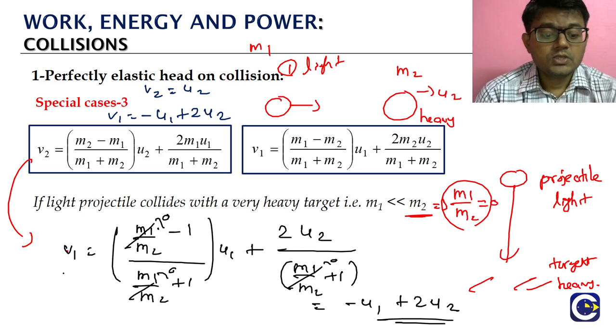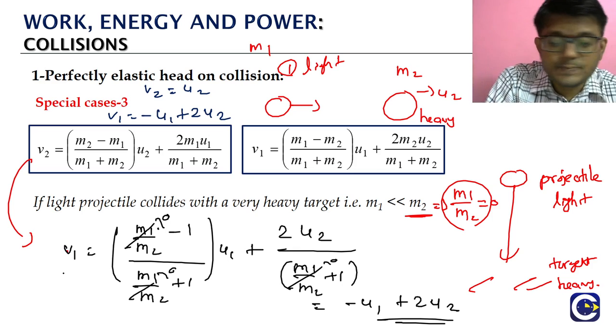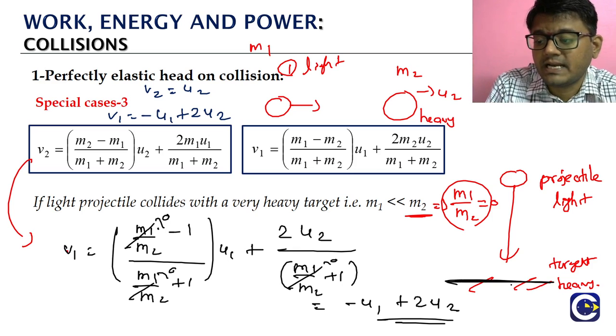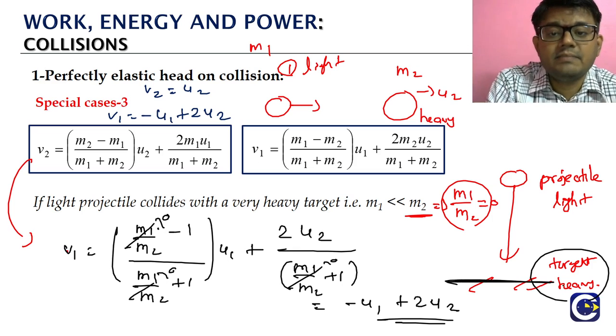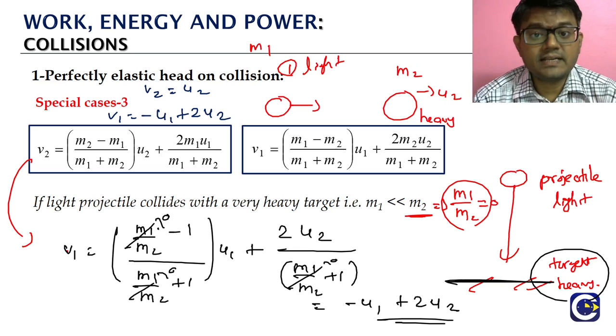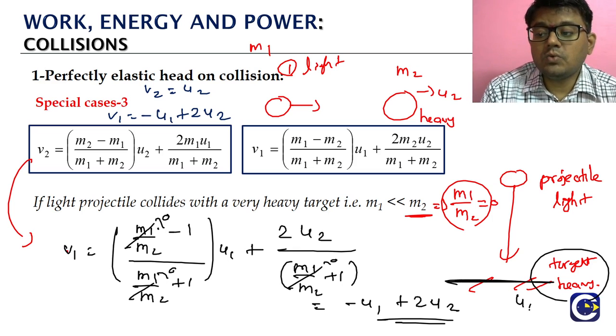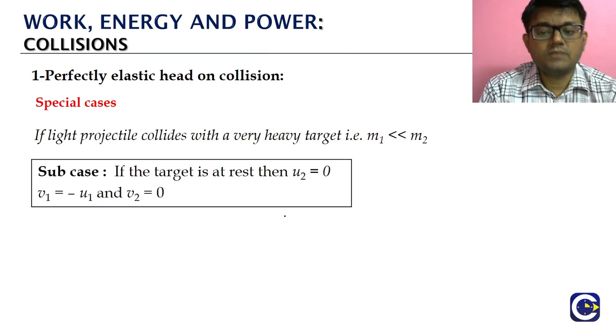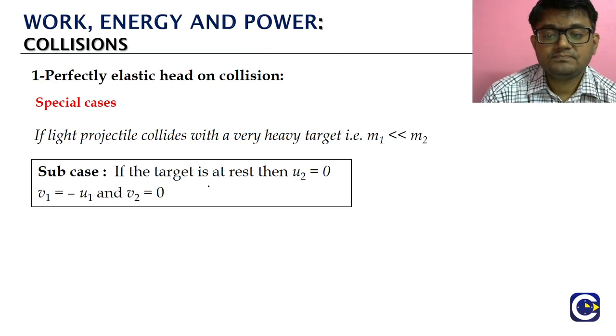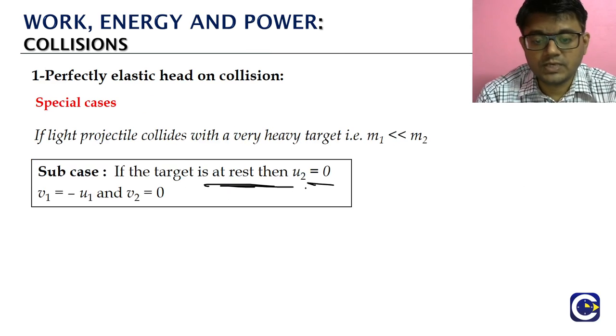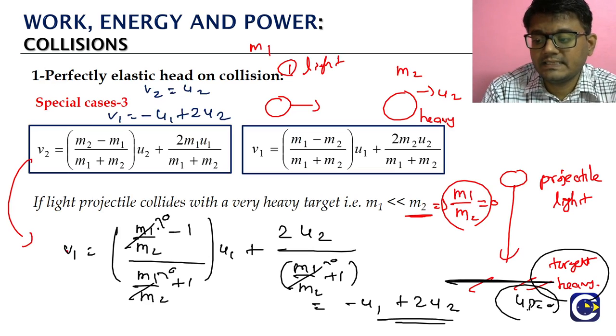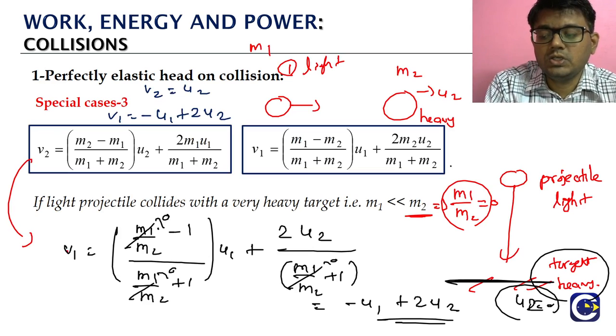Okay? So here is a special discussion: in this case, the heavy target can be at rest. The heavy target can be at rest means the value of u2 can be 0. If the heavy target is at rest, our target is 2, right?